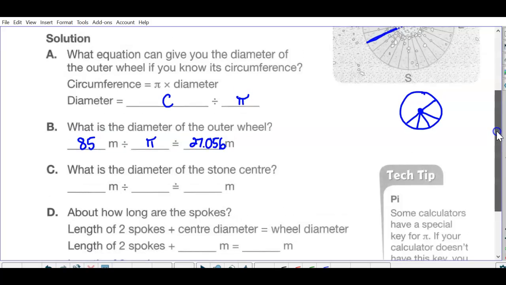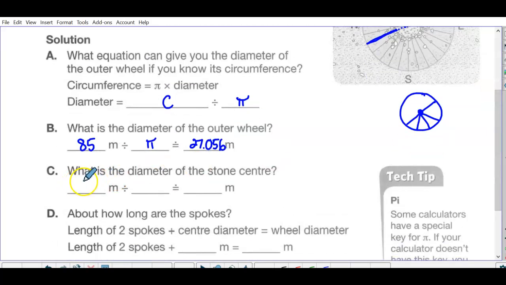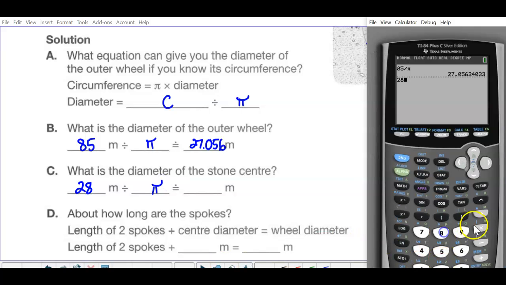That was 28 divided by pi. If you have a graphing calculator like mine, don't clear it. Leave these because I'll show you how you can use your calculator to help you. To 3 decimal places, 8.913.